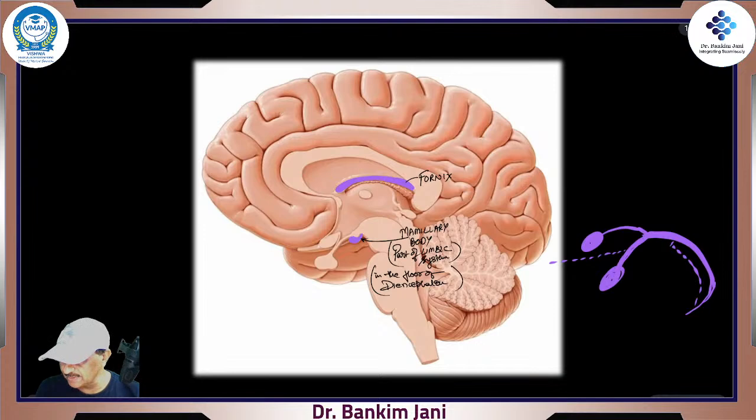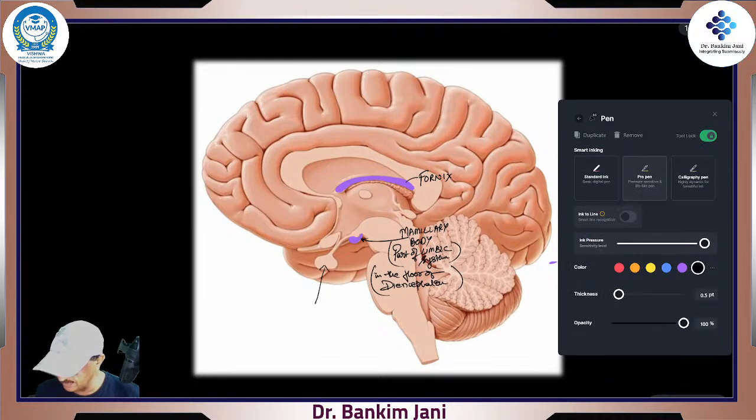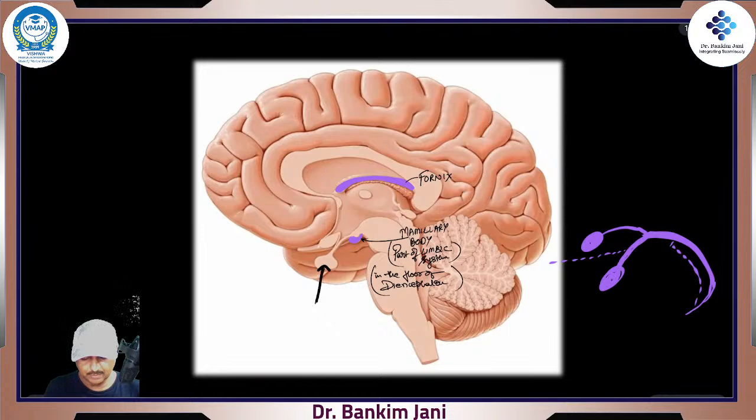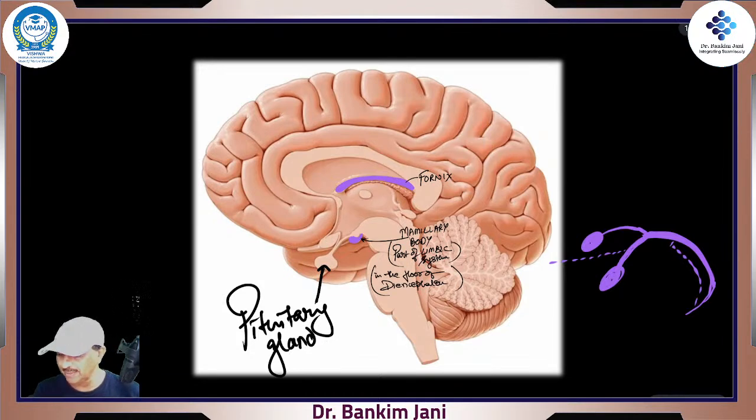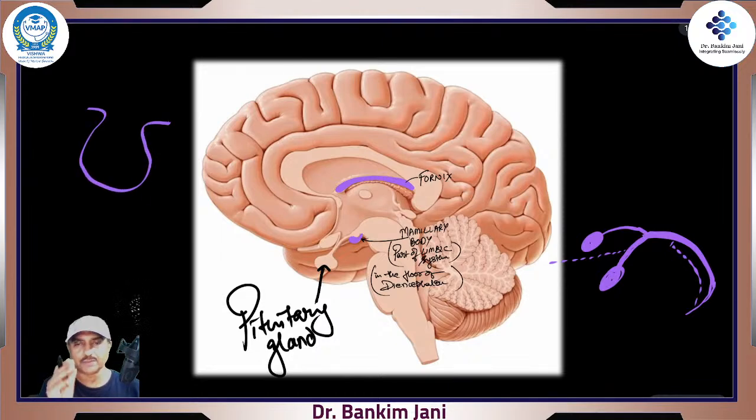We can't miss this. Right. This one. This is pituitary, right? This is pituitary gland. And pituitary gland is situated in a space, and that space is called as the sella turcica, right?